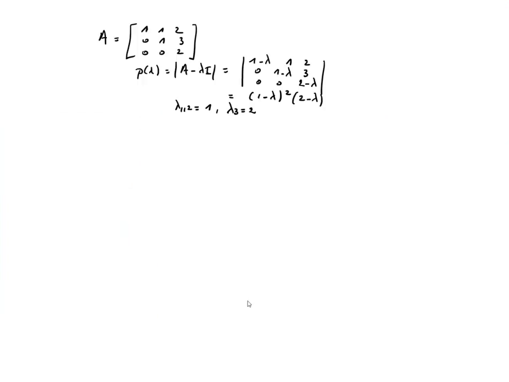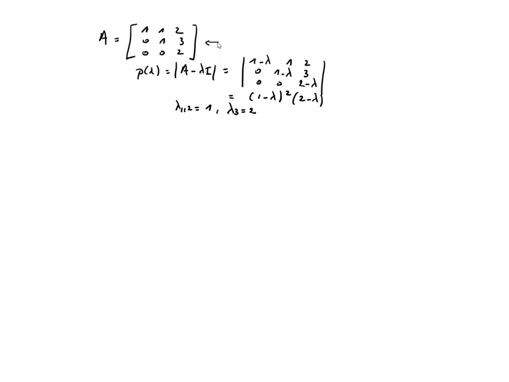So let us take another example here with this matrix A. What we can do is again compute the characteristic polynomial. We compute the determinant of A minus lambda I. This determinant you have to compute, and you see that the matrix is again upper triangular, so it's easy to compute the determinant.